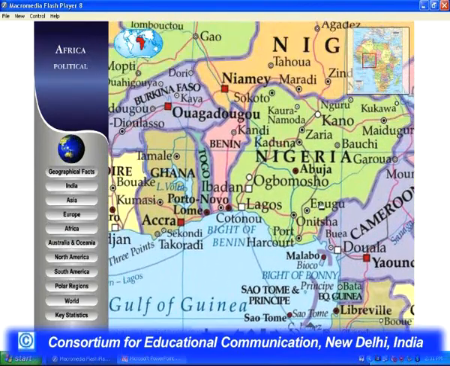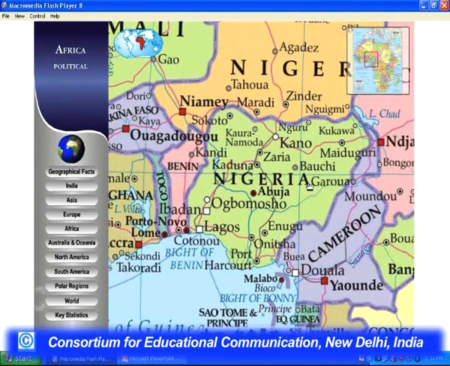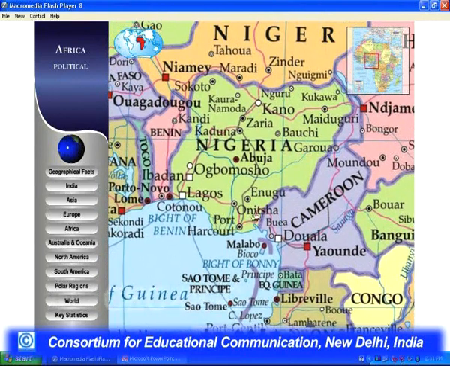And I'd like to mention that Nigeria, this is country Nigeria, where Enugu and Onitsha, these are the two world famous major oil fields of the Nigeria, and other oil fields in the northern part of Nigeria.